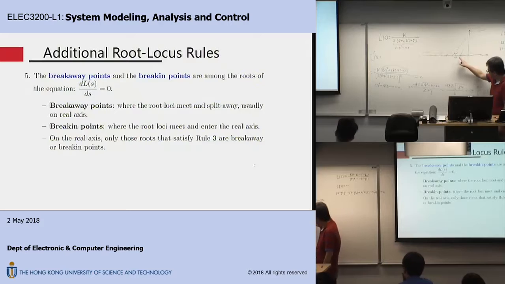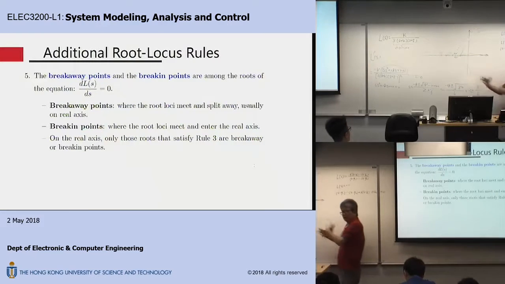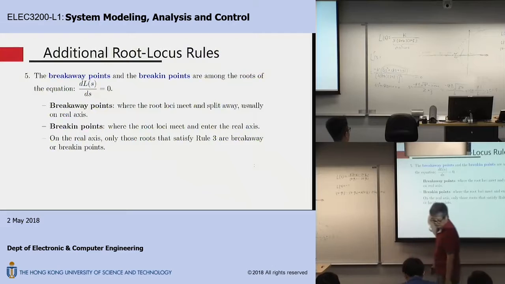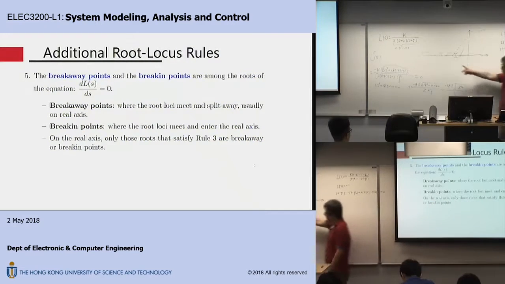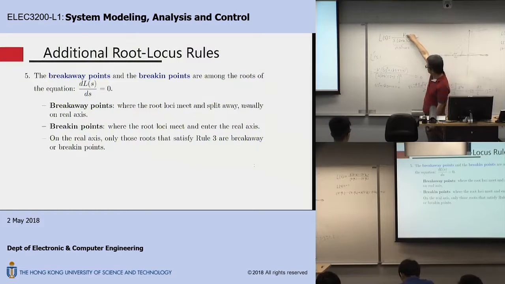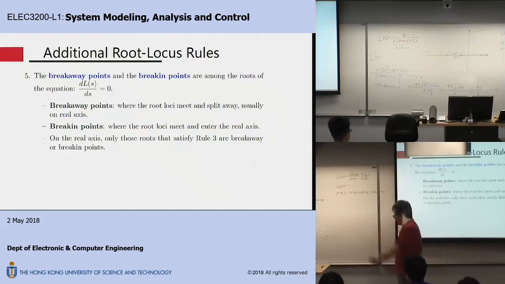You know that the closed loop poles must be somewhere here, never there. So this gives you the relationship between this particular parameter and the closed loop poles, which can be used as a guide in your design.